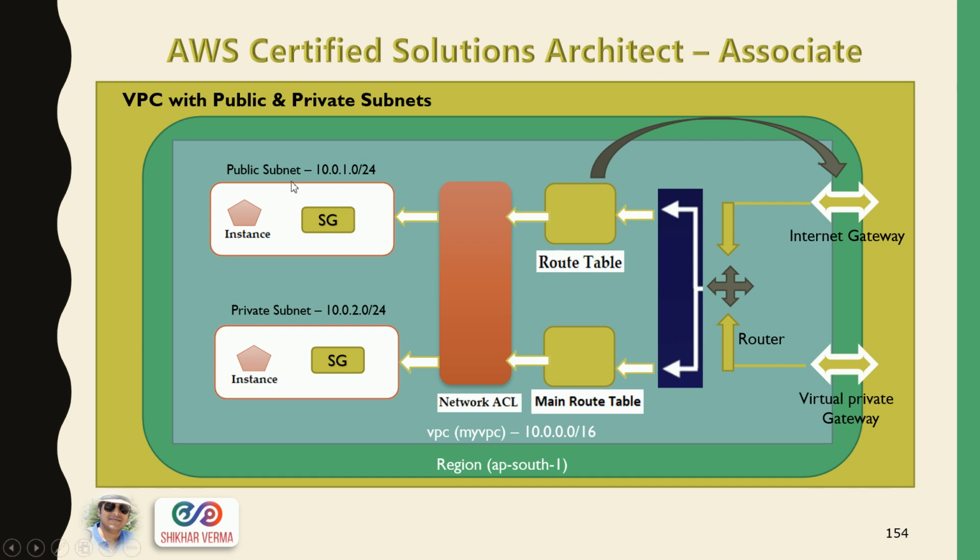Once you are inside this public subnet, from here you can access your private subnets, because this public subnet and this private subnet are part of this VPC. So these instances will have a private IP as well as a public IP. The private subnet instances will have only a private IP. So the private IP of this instance would be able to communicate with the private IP of the public subnet instances.